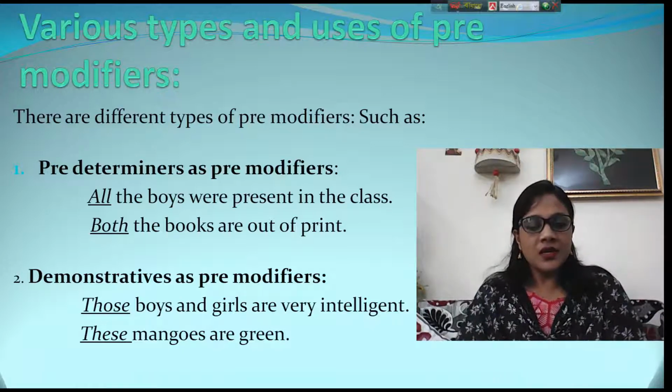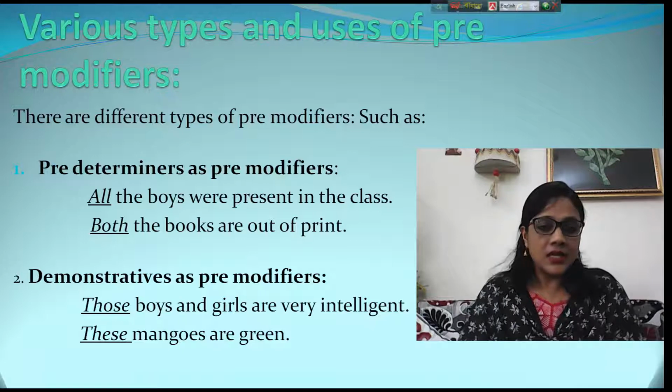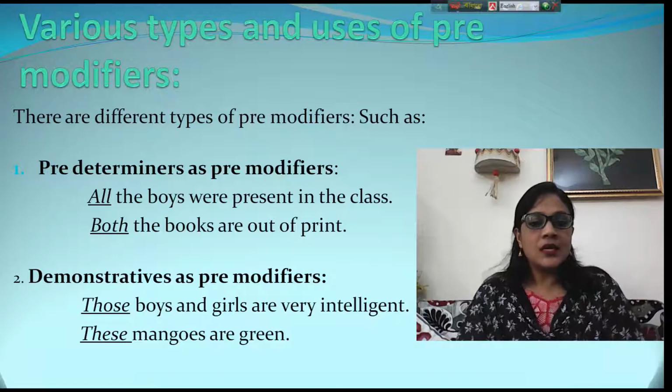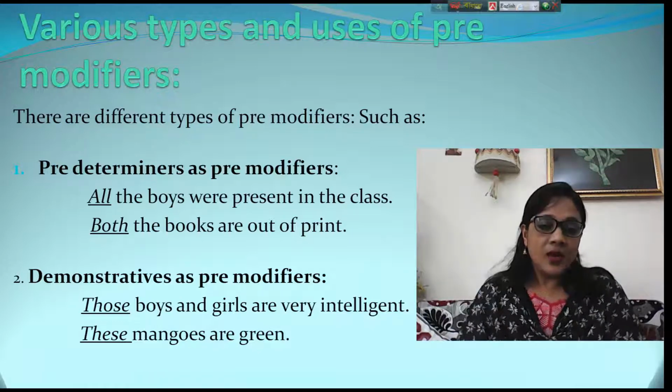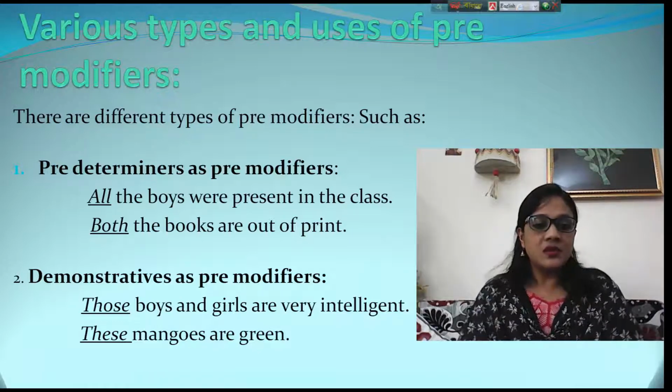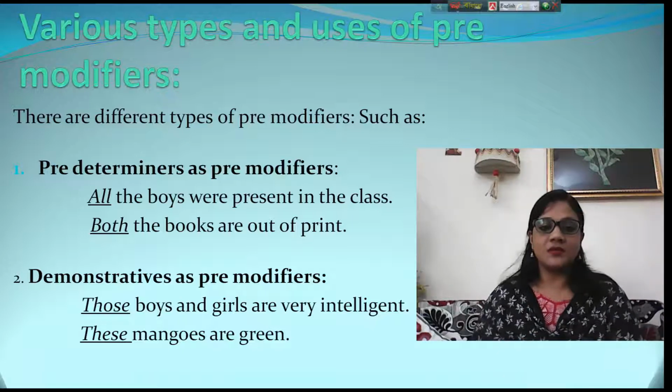Here, boys and girls are nouns, and before these nouns we place a demonstrative, that is those. Then these mangoes are green. Mangoes is a noun, and before mangoes we use the demonstrative these, and it modifies the noun. For this reason, here it is a pre-modifier.